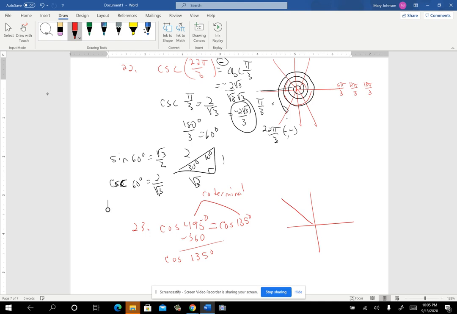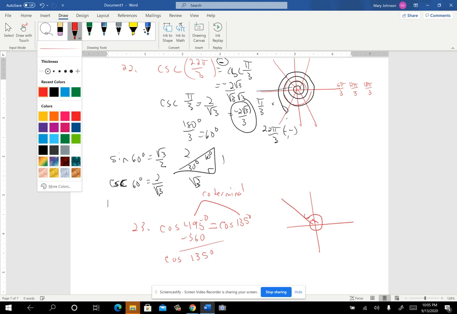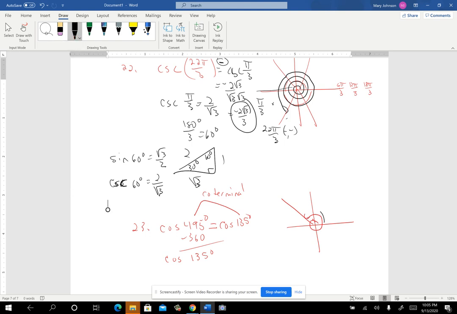So 135 is there. 495 just goes around one whole time first, and 135 just goes boom. Both of those have the same cosine. Then let's do this one thinking about the unit circle. You know how this is 45 degrees over here, and 135 is over there. And on the unit circle, you know how it's square root of 2 over 2 for both.